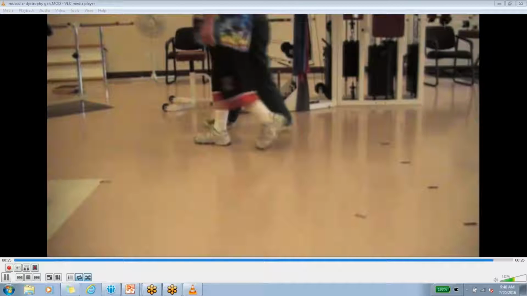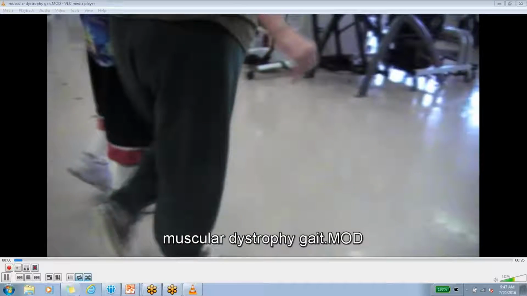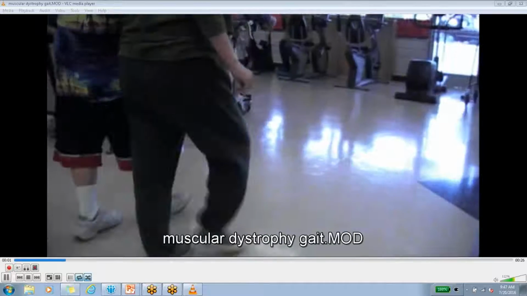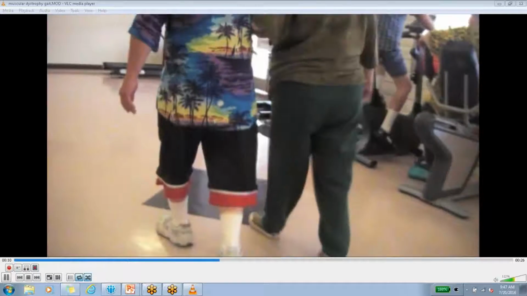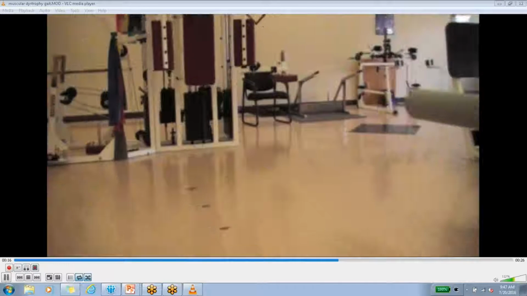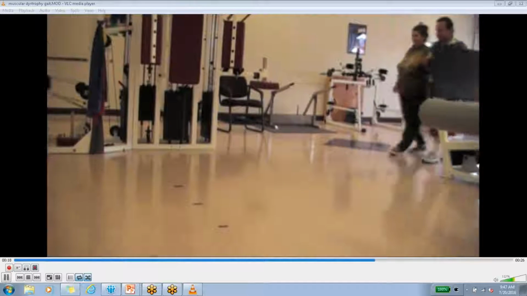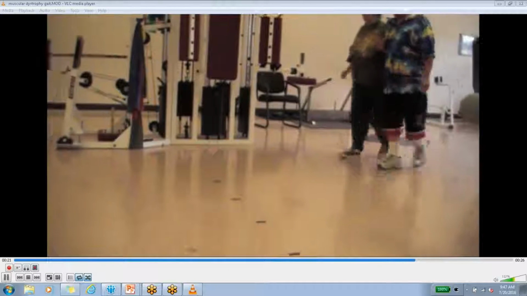Now that is correct from a biomechanical standpoint, but can this woman tolerate that tibia being in a forward position and having her weight behind it? She has no quadriceps, so keep that in mind. So biomechanically, your answer is correct, but given her diagnosis, you can't do that to her.